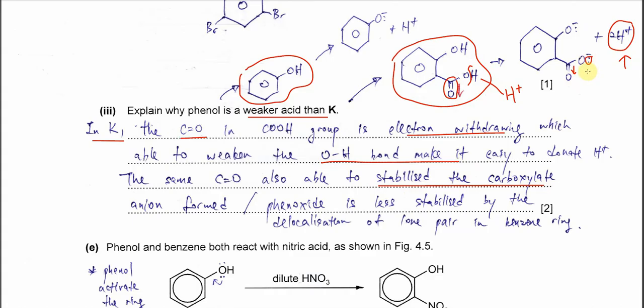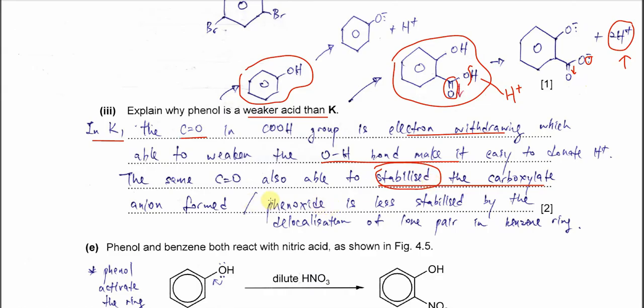So we say that this carboxylate is more stable, that it's stabilized. Stabilized means this oxygen is less likely to bond with H+. So less reactive means more stable. That's the meaning of stabilized.